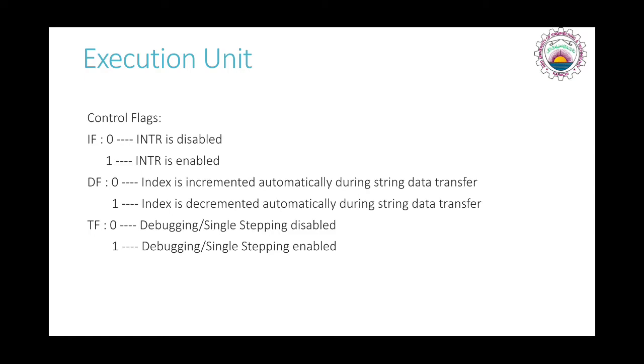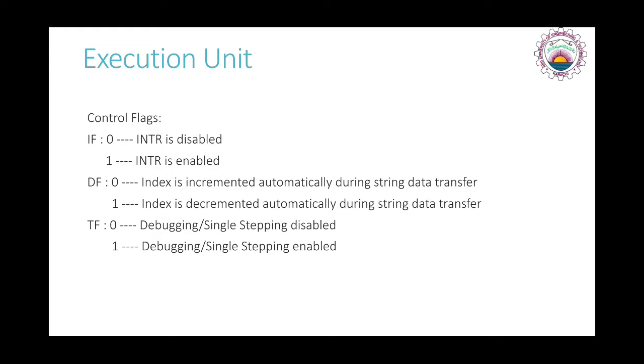So these instructions will be discussed within the instruction set topic. So if you have assigned logic 0 to interrupt flag, the interrupt request pin discussed earlier will be disabled. Or if you have assigned logic 1 to interrupt flag, the interrupt request pin will be enabled as we have discussed earlier.